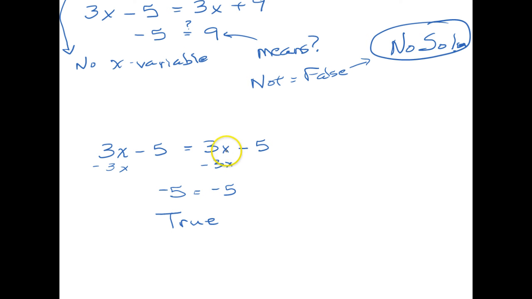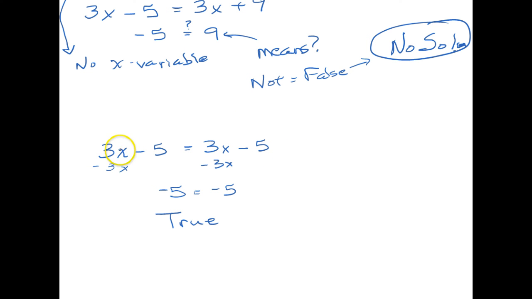Well, that means that no matter what number you put in x's place, we're always going to get a true statement. So we could put in 4. 3 times 4 minus 5 is going to give us 7. 7 equals 7.